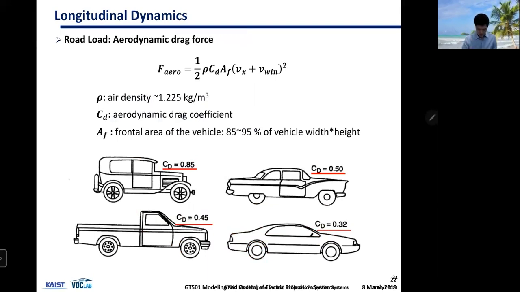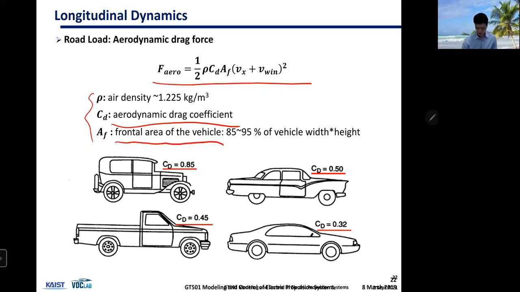Road load, aerodynamic drag can be modeled by this equation. This is a physics-based model, and it can roughly estimate aerodynamic drag using some simplified coefficients, which is aerodynamic drag coefficient and equivalent frontal area of a vehicle.